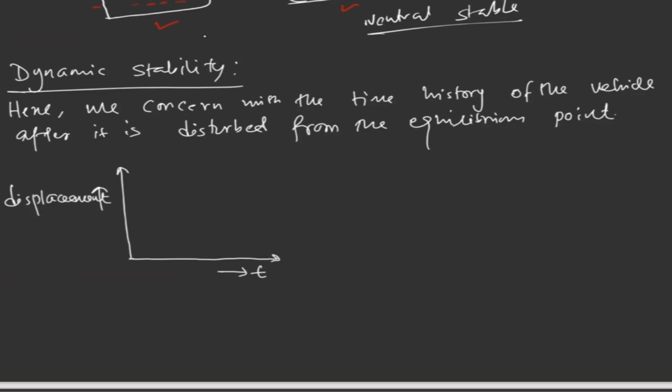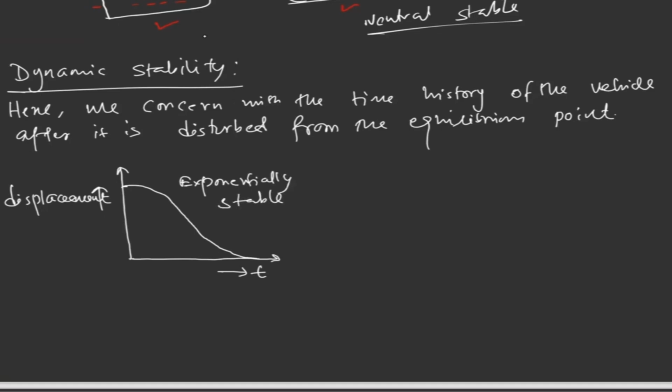Let's assume we are starting from here. If the vehicle over time follows this kind of response, then we can call the system exponentially stable.